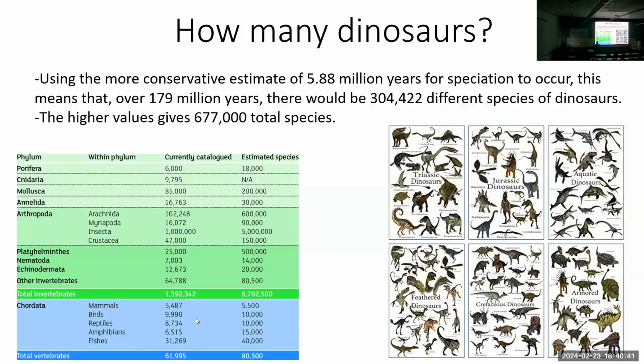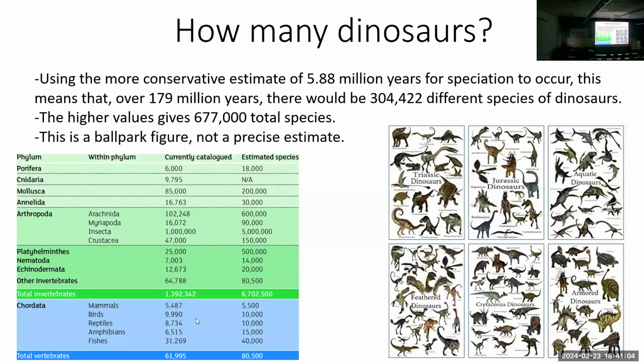If you use a less conservative estimate, you get 677,000 total species of dinosaurs. And again, this is a ballpark figure, not a precise estimate. We can say in the ballpark of 300,000 to 700,000 different species of dinosaurs.